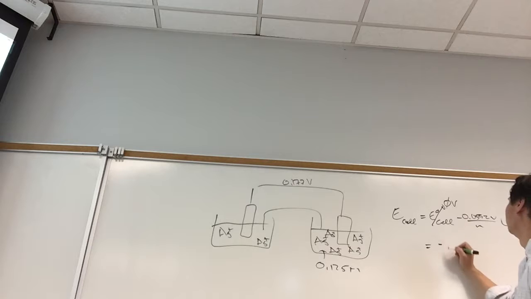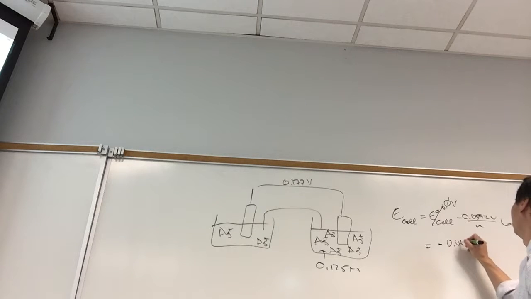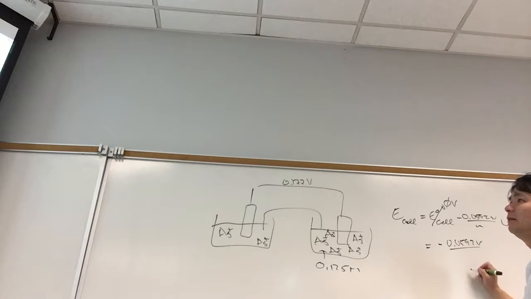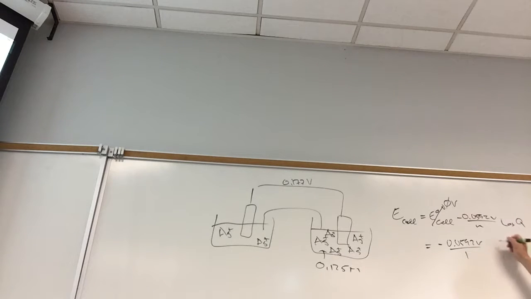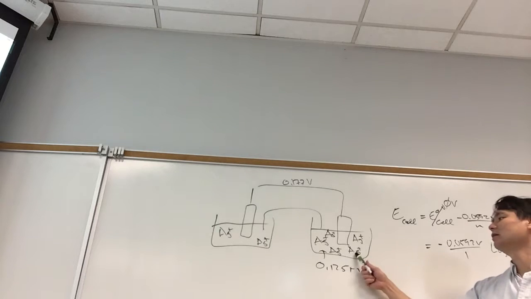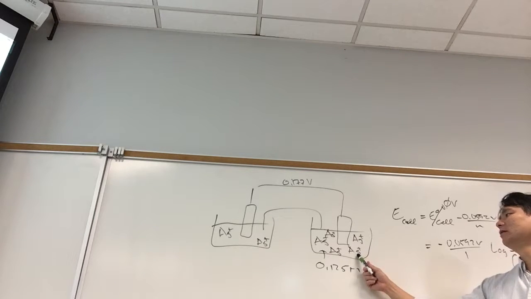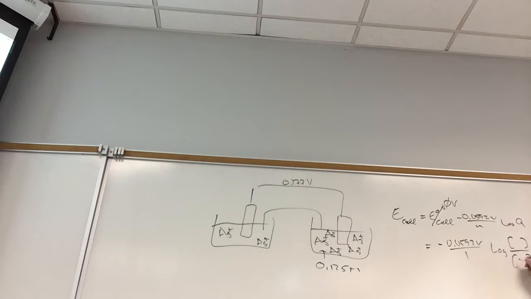So this is minus 0.0592 volts. N? 1. Q is products over reactants. The silver ions here, is that product or reactant? Reactant. And so that goes down here. The concentration is 0.125. And up here, we don't know what the concentration is, so that's our X.